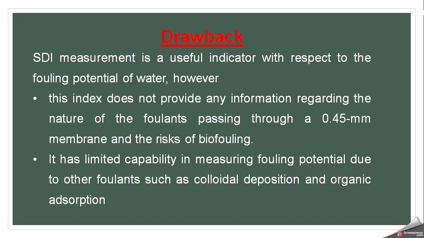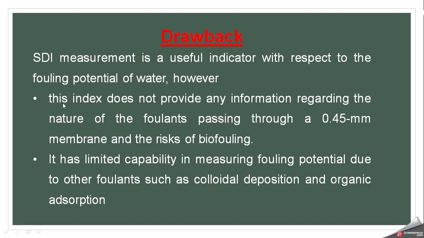Now there are a lot of advantages of SDI, but there are one or two drawbacks of SDI measurement. What are these? The SDI measurement is basically a useful indicator of the fouling potential of the water.